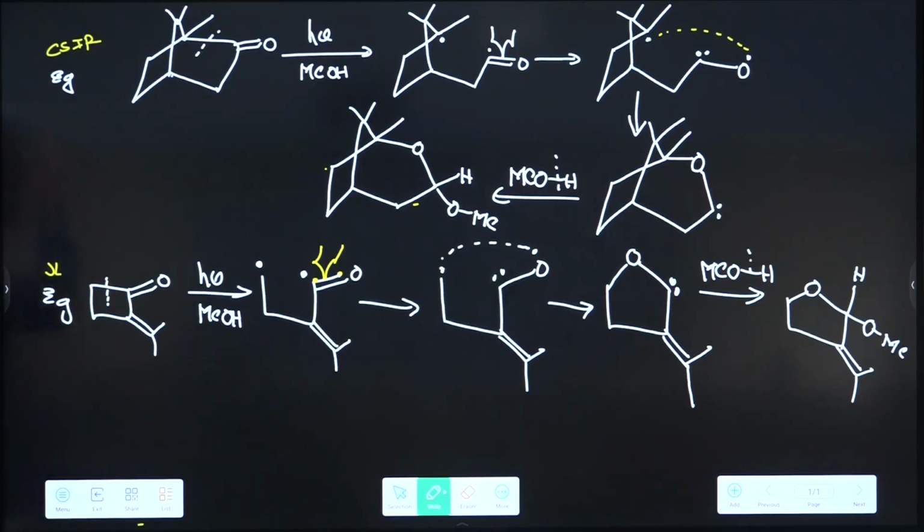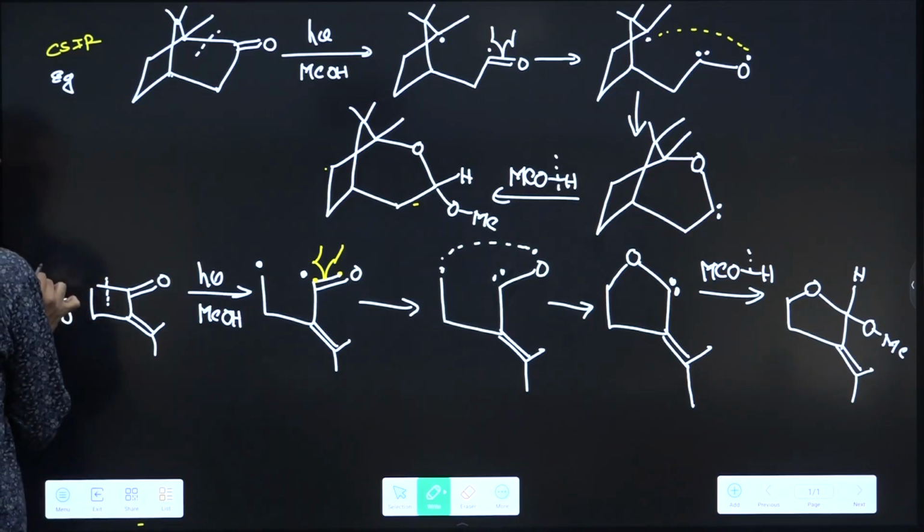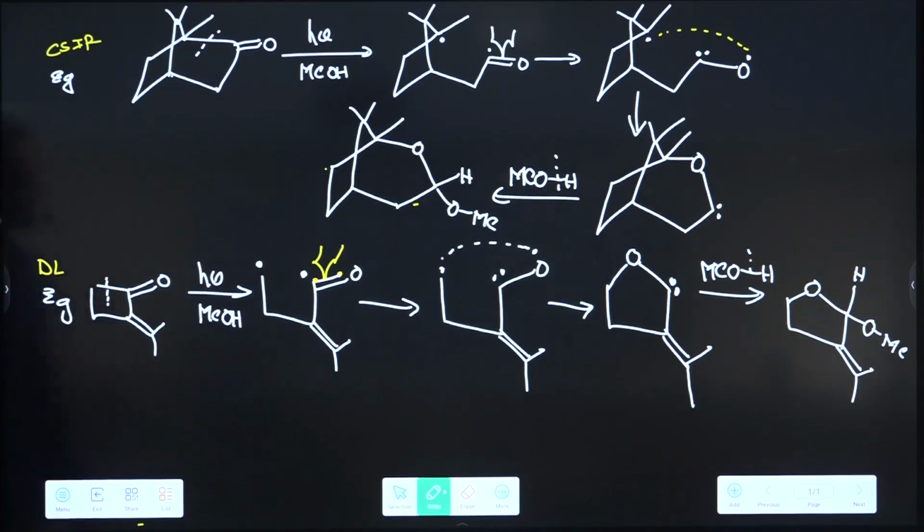Set examinations and DL examinations, Norrish I is most important, especially set. In set exams, 90% they are asking this kind of questions, and even photochemistry of olefins also they are asking. Cis-trans stereochemistry or cis-trans transition state questions they are asking, especially in DL exams.